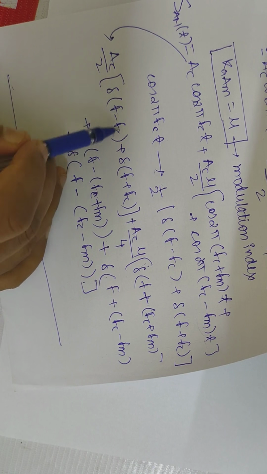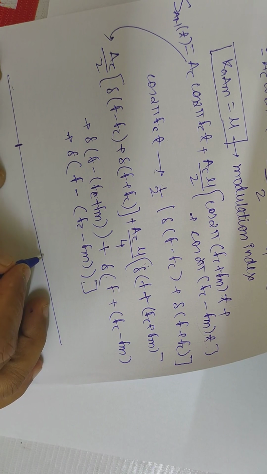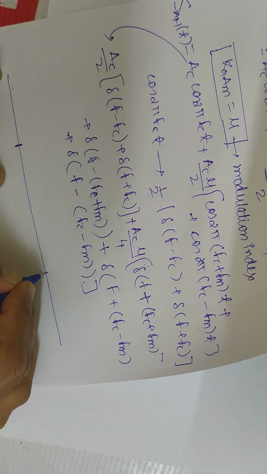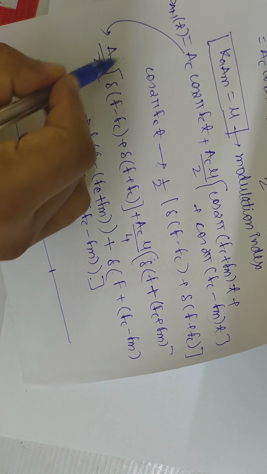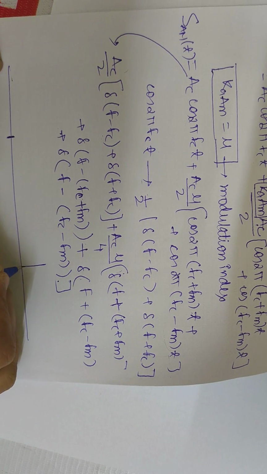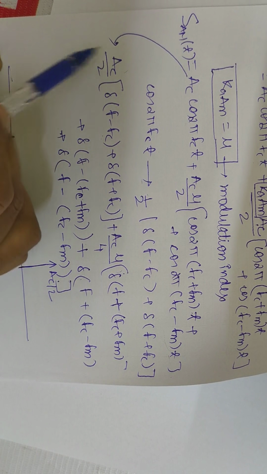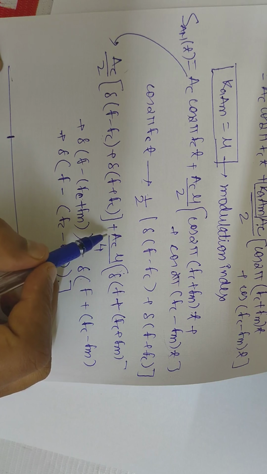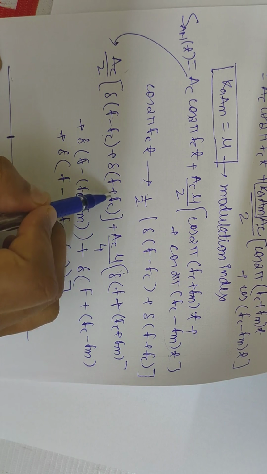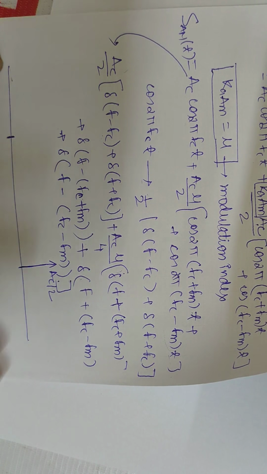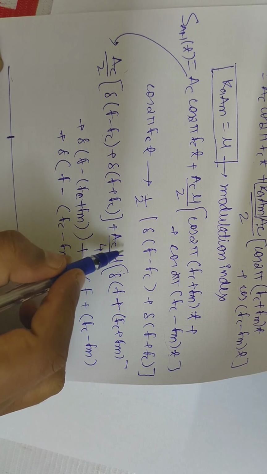Del(f minus fc) will be somewhere here at frequency fc with amplitude Ac by 2. Now for this there will be minus fc with amplitude Ac by 2. I am only representing the positive frequency part.